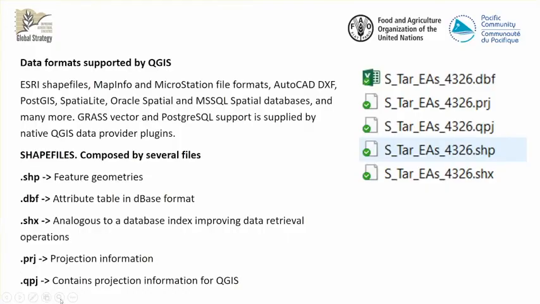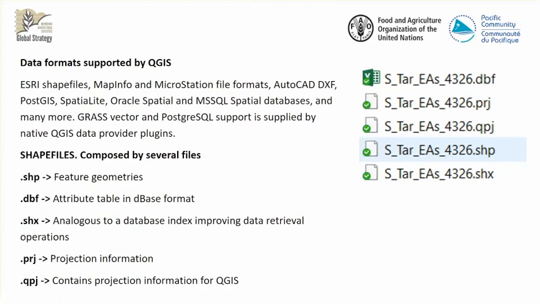Okay, but when we go to Windows Explorer, we will find this. If we are working in QGIS, we will find these five file extensions. Okay, and imagine that I want to share a shapefile with a colleague, and I'm sending the shapefile via email.